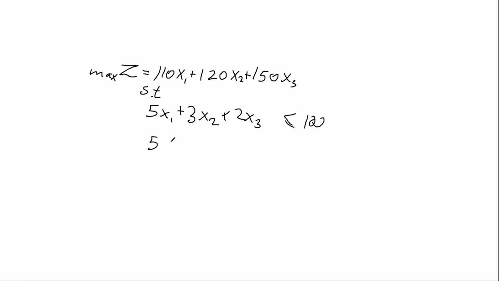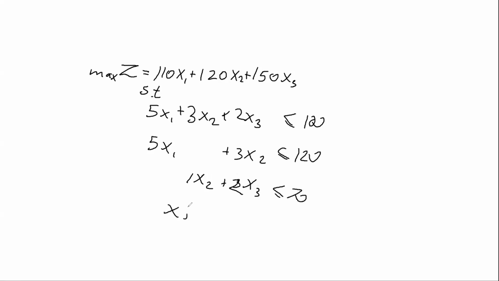Then we have 5x1 plus 3x3 less or equal to 120. We have 1x2 plus 3x3 or 2 less or equal to 70, and also xj more or equal to 0.